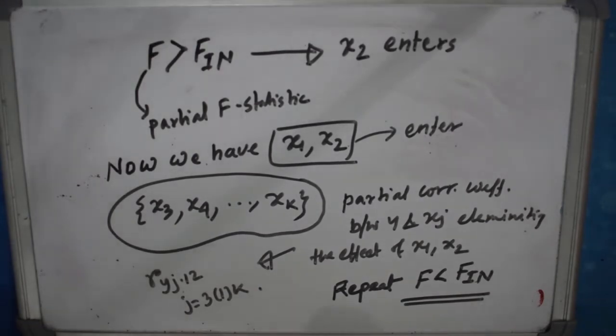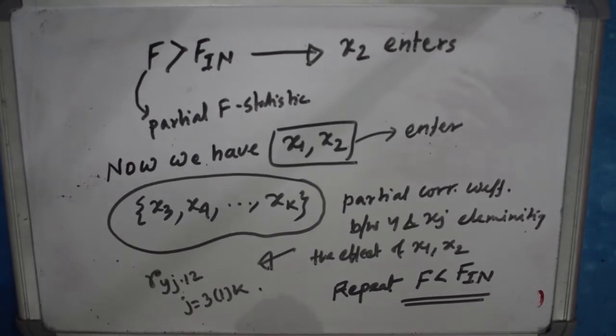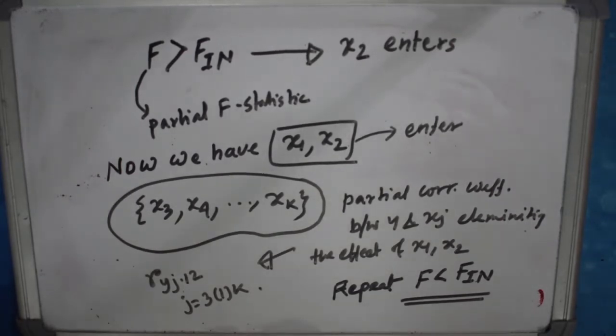If x2 enters into the model, then we again compute the partial correlation coefficient between y and xj, eliminating the effect of x1 and x2, and then find the maximum partial correlation coefficient and choose the variable where this happens.